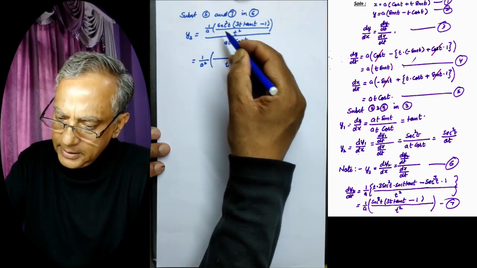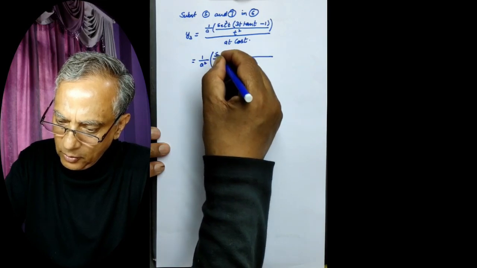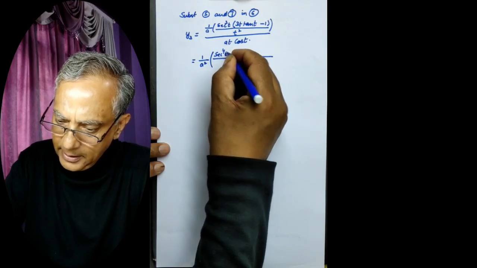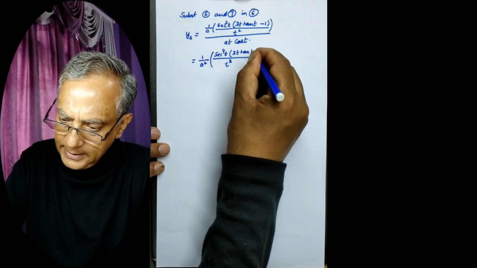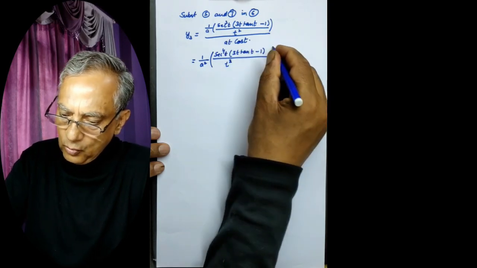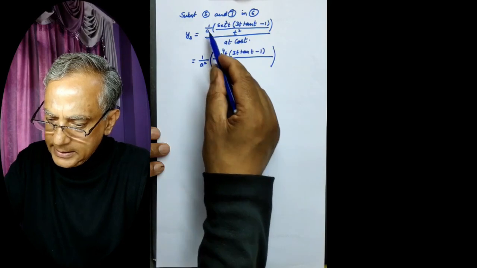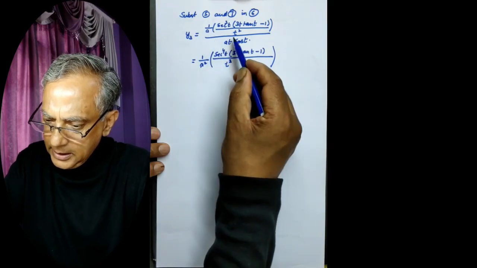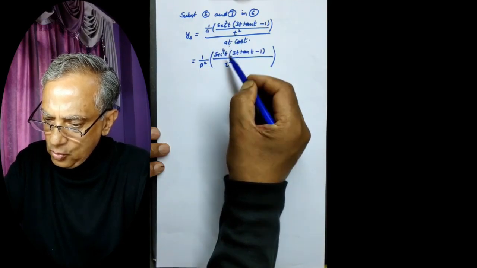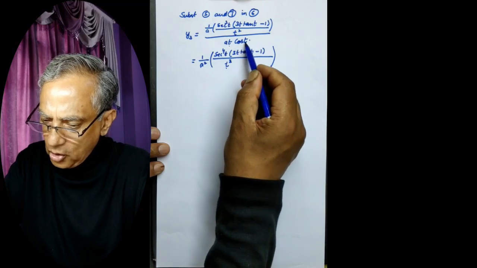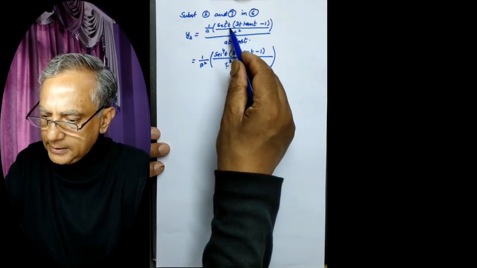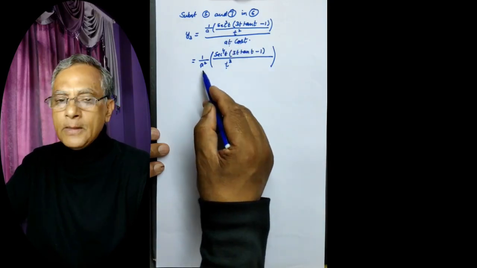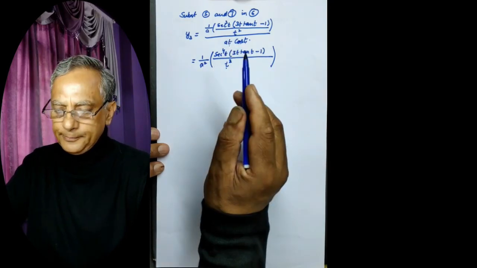So this will be secant to the power of 4 t into 3t tangent t minus 1. We have written a into a is a square, t square into t is t cube, 1 over cos t is secant t, so this is secant 4t, and this is the value of the third order derivative.